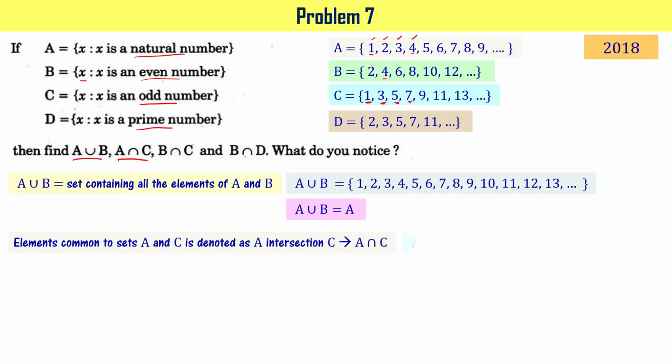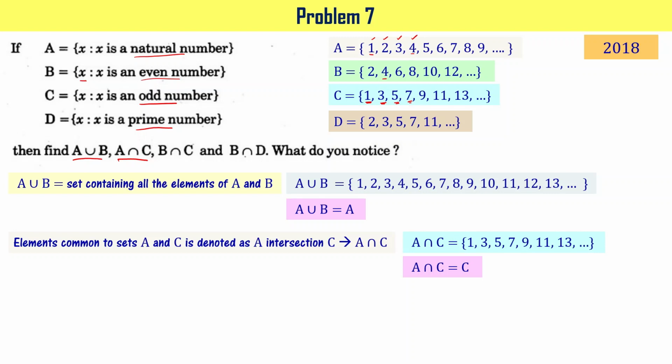Let's write that. A intersection C is 1, 3, 5, 7, 9, 11, 13, and so on. It means A intersection C is set C, right? This is what you could have seen, meaning intersection of natural numbers and odd numbers is just odd numbers.